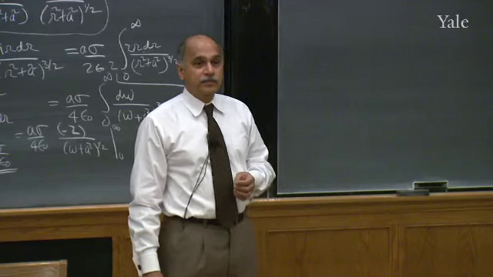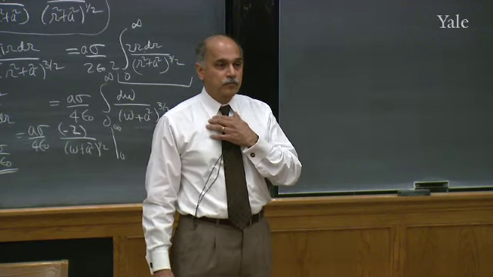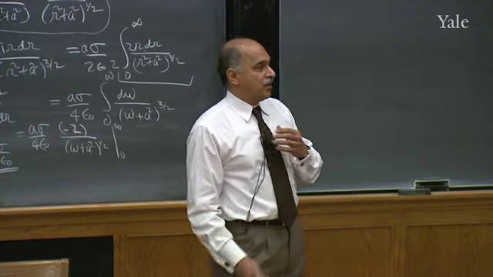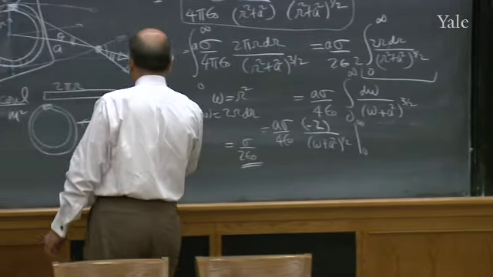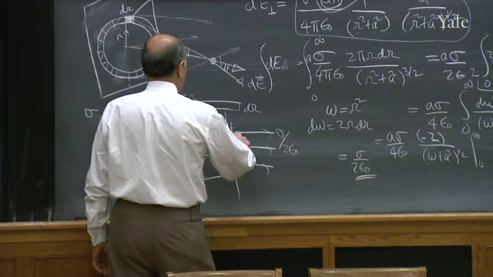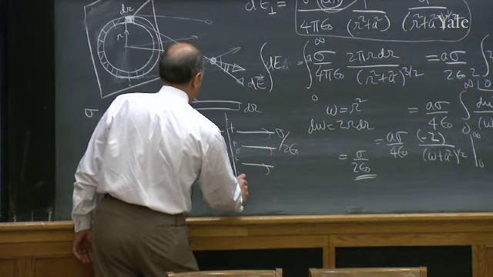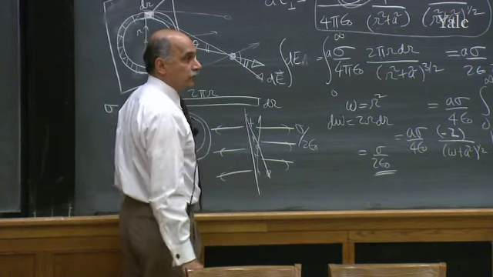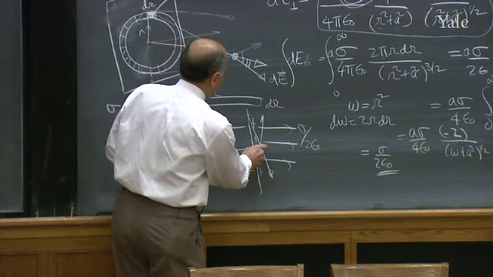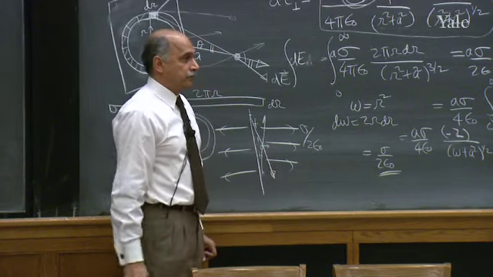Any ideas? For example, if you go very close to the plane, what happens? If you go really close to the plane, what happens is the field due to any section here looks like this. Therefore, the part that's useful is very small.